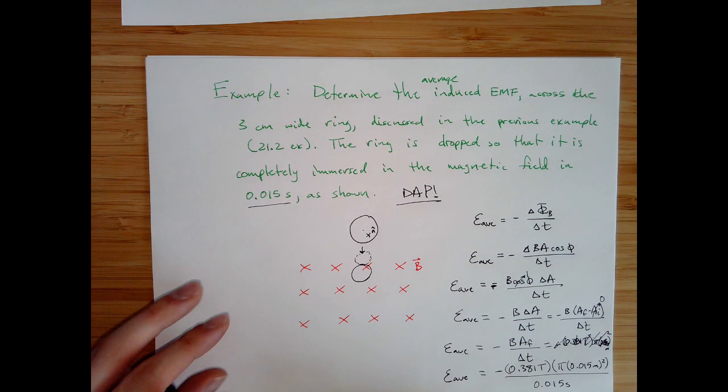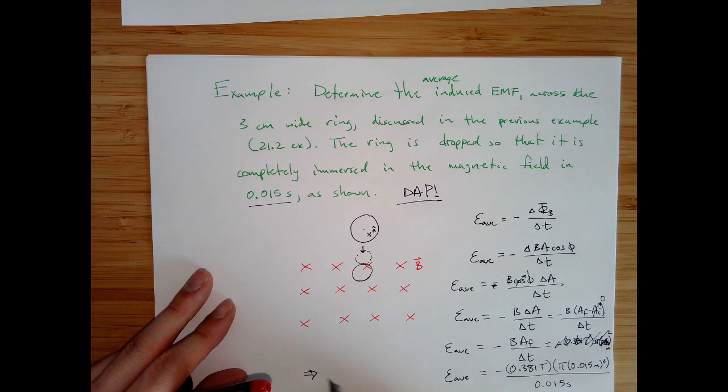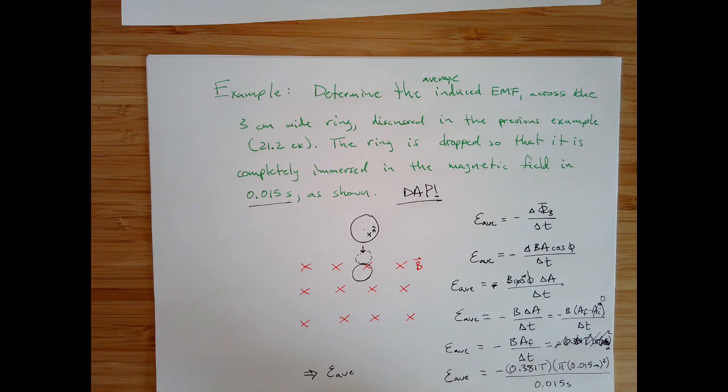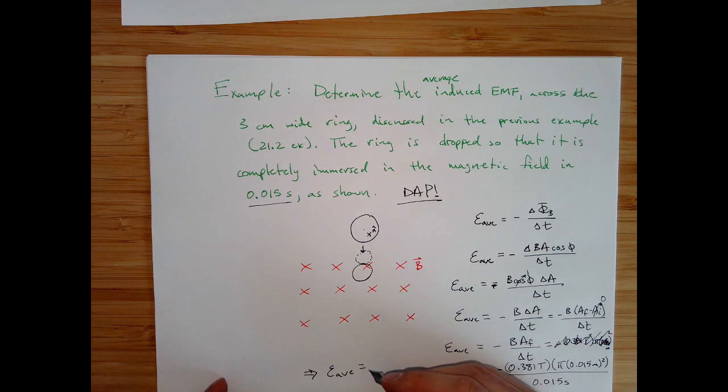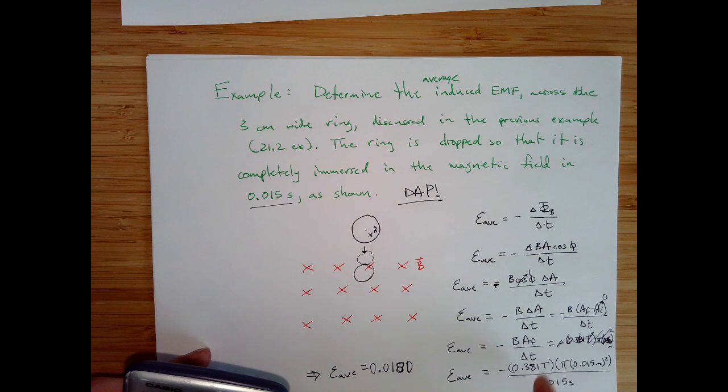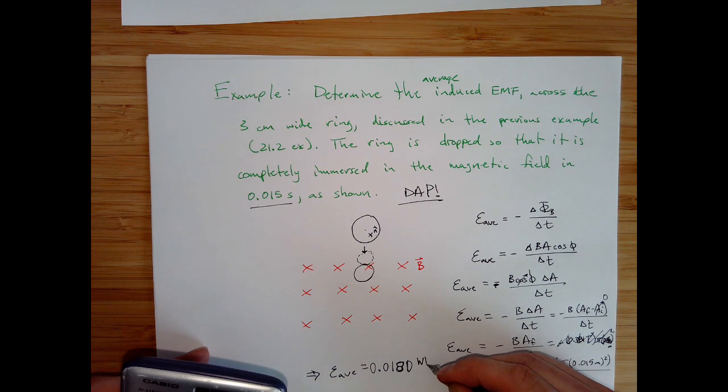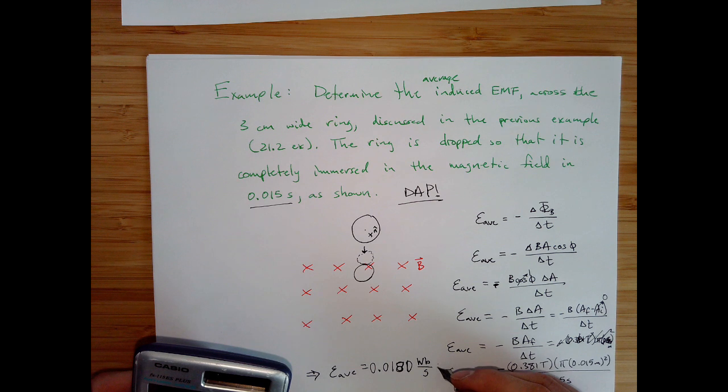So we will end up with the average induced voltage, which will be 0.381 times pi times 0.015 squared, divided by 0.015 seconds. And so our induced voltage is equal to 0.017, I guess it would be 80, and that would be Webers per second, or you could just say volts.